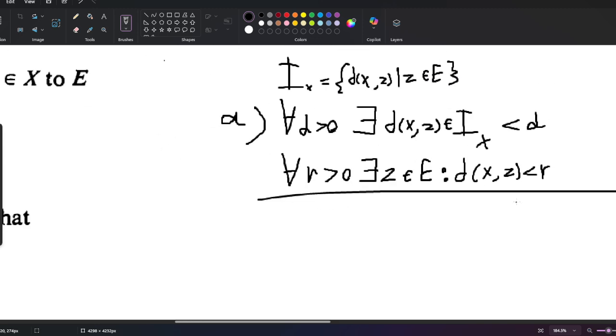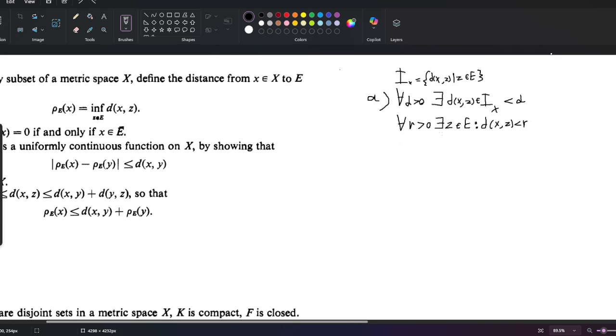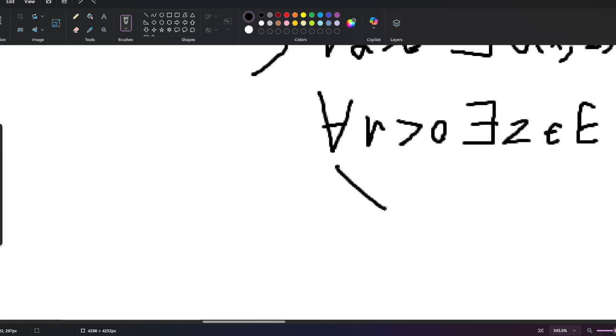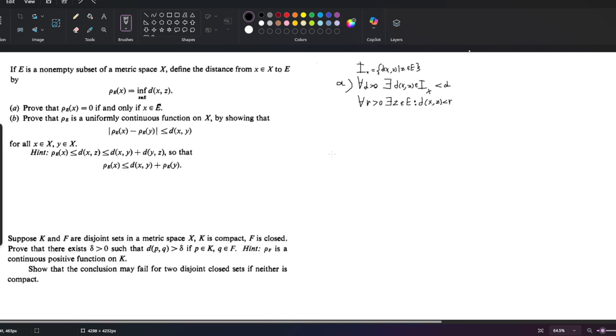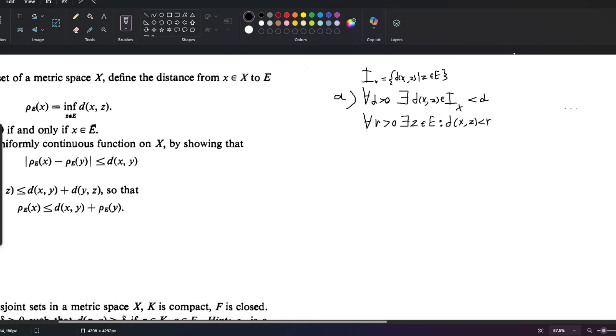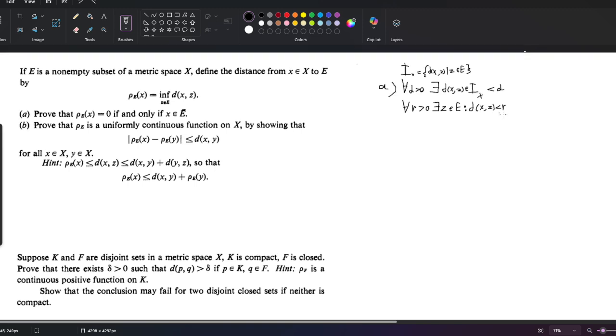And what this implies is that x is a limit point, and therefore it belongs to the closure.